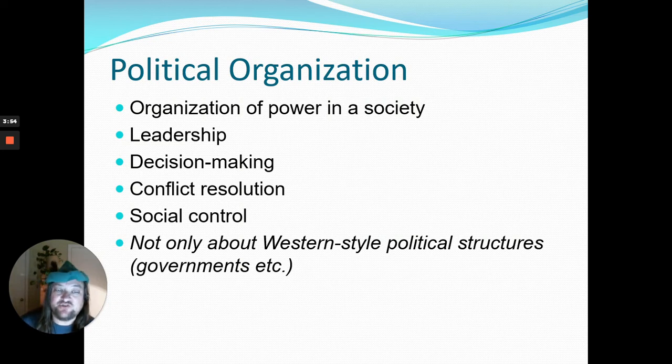It's not just the governments that those of us growing up in these systems are used to. You might remember that I said this several times back when we were talking about economic systems, and how in economic anthropology we're not just hyper-focusing on the capitalist market economy, with currency and all that.